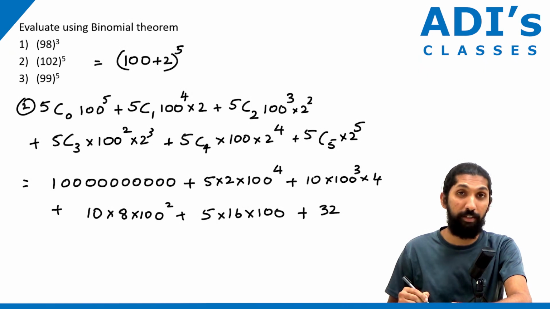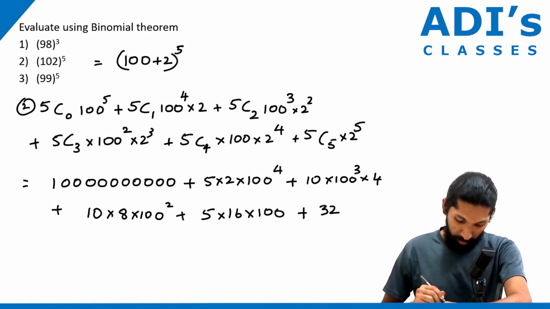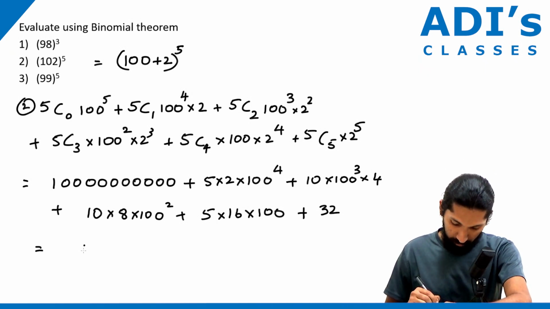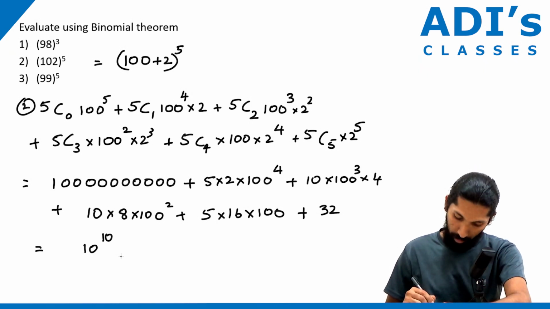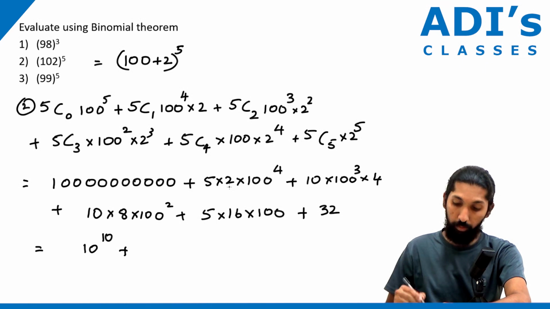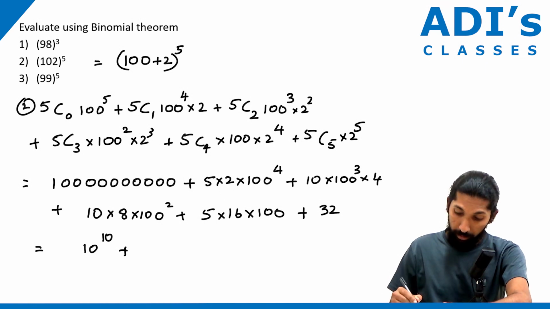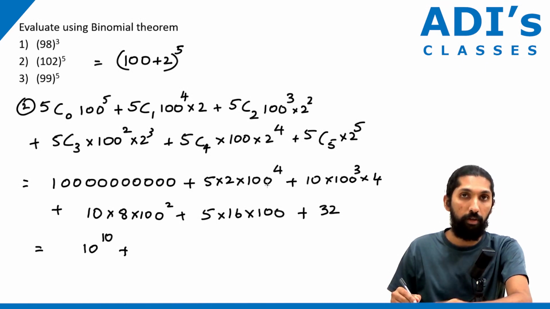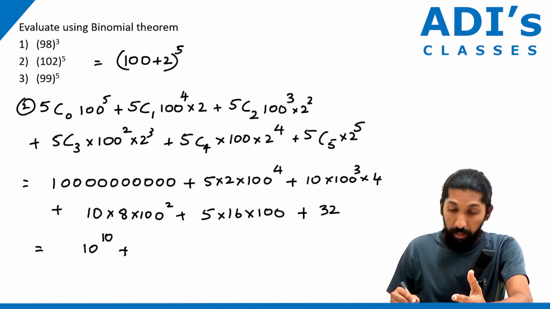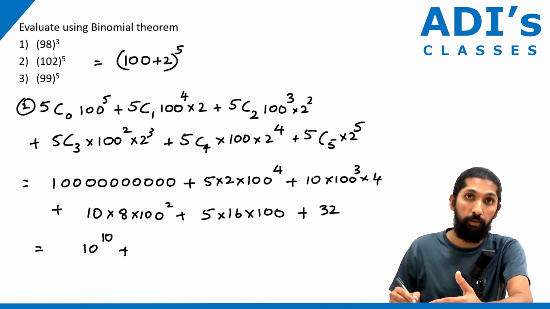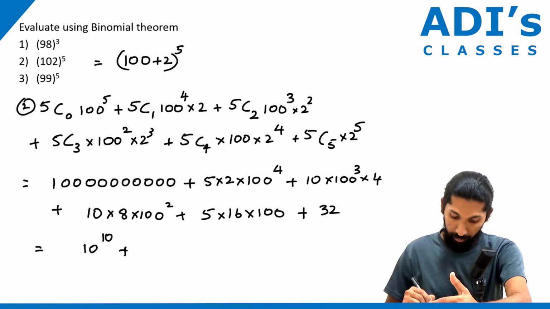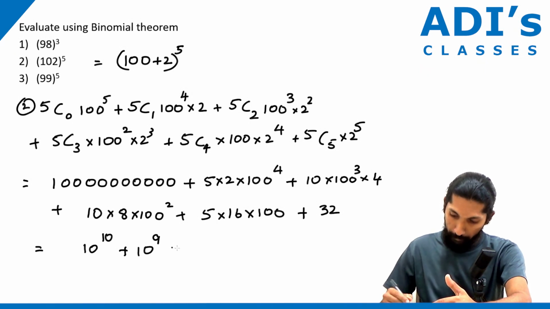Okay, so it's going to be quite a big number. So you can write this as 10 to the power of 10, correct? Plus 5 into 2 is 10, 10 into 100 to the power of 4. 100 is 10 square. 10 square to the power of 4 is 10 to the power of 8. 10 power 8 into 10 is 10 power 9.